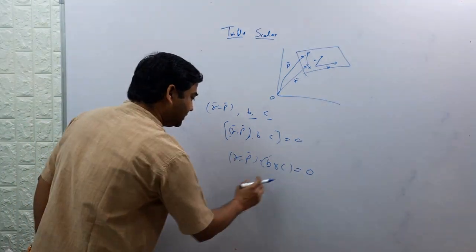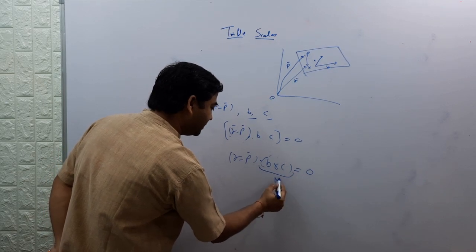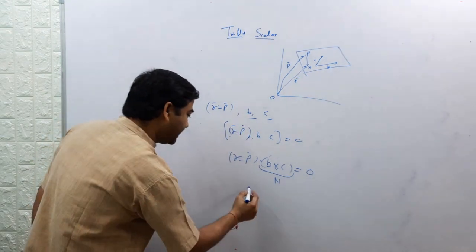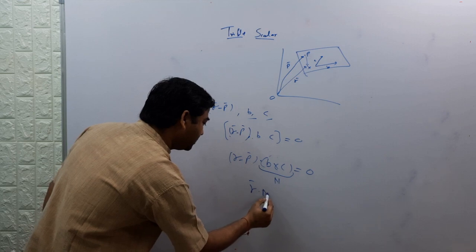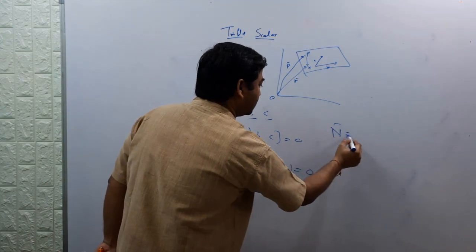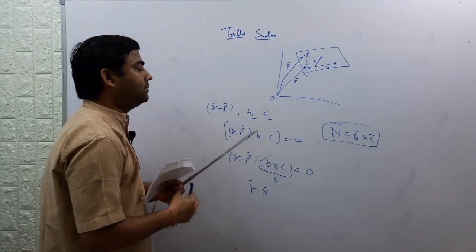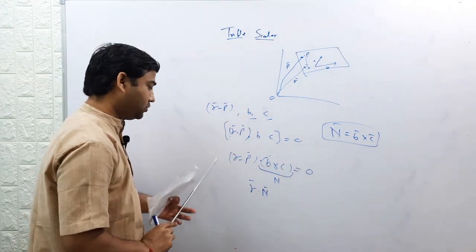So it can be written as, where B cross C is a vector perpendicular to this plane, R dot n, where n is B cross C. B cross C vector will be a vector perpendicular to this plane by definition of cross product.